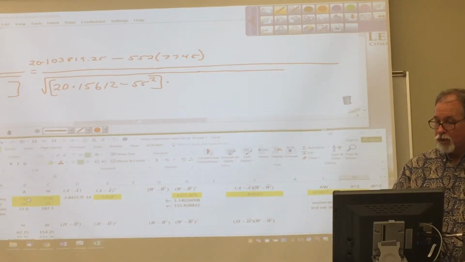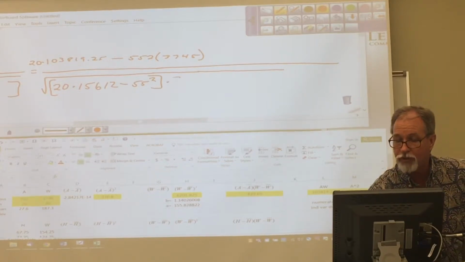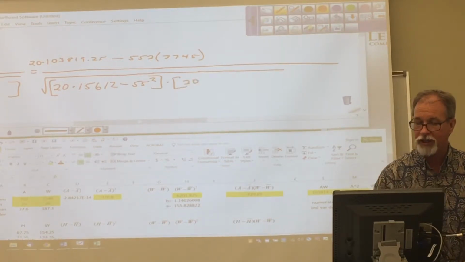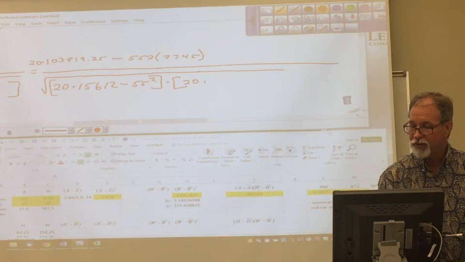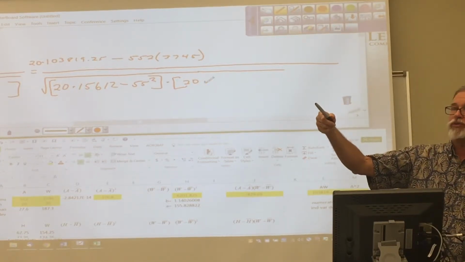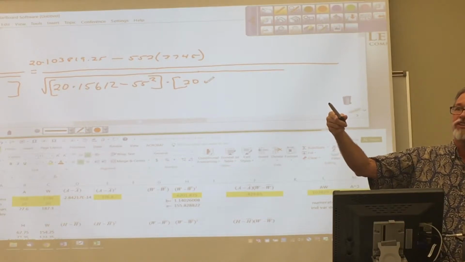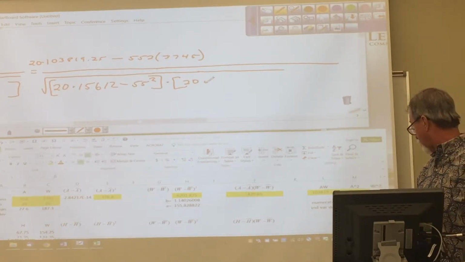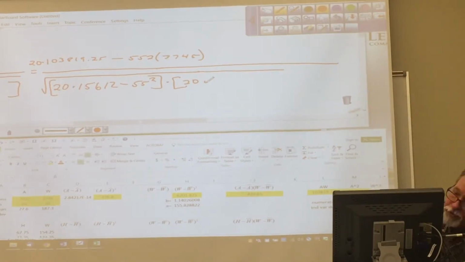Then I'm going to do the same thing with the y. So I'm going to take 20 times my y, which in this case is variable W. I'm going to take my w squared, which is in column N.